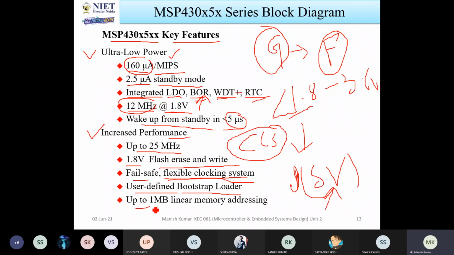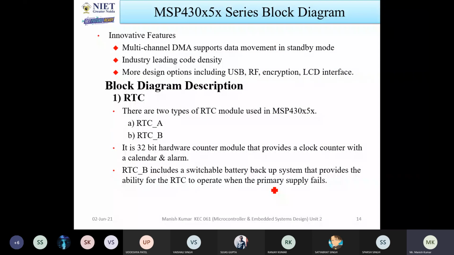And it also has up to 1 MB linear memory addressing. So you can increase the memory up to 1 MB. This facility is also available, so you can tell that this has increased performance compared to the previous versions of microcontrollers. So now innovative features are there.